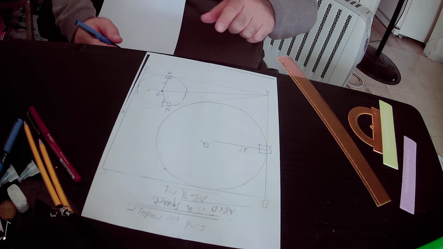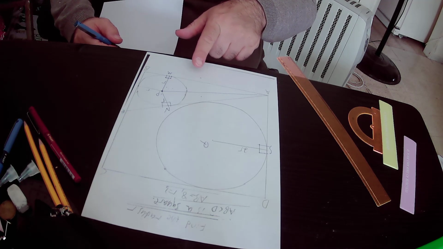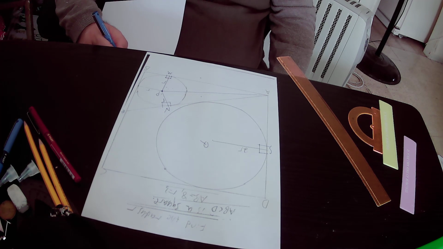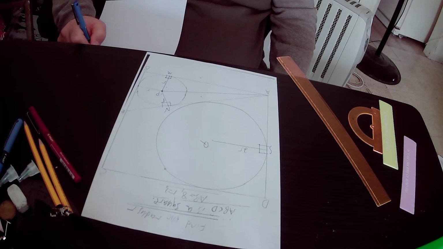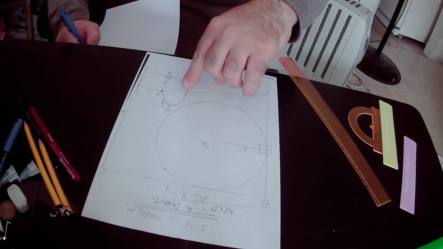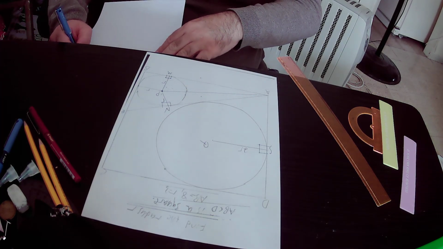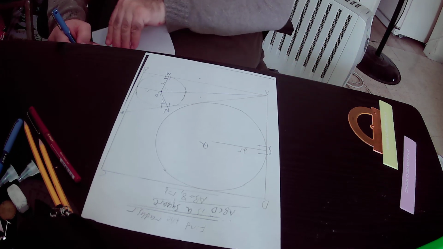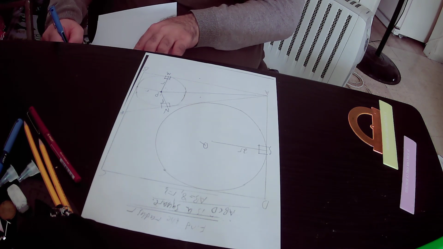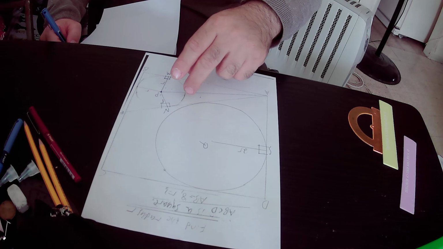If we focus on the right triangle AMP, this right triangle, and the right triangle ANP, this right triangle, we will prove that those two right triangles can go into each other.